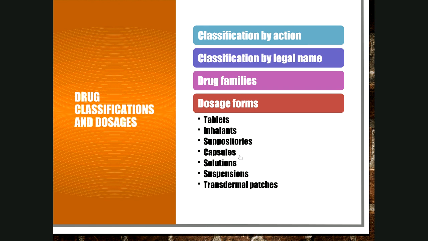A solution, when we think about a solution, typically this is where the drug is dissolved in a liquid carrier, and they're typically rapidly absorbed, and they can be given either orally or parenterally. And when we talk about parenteral administration, that is where it is typically an injection of the drug given with a needle and a syringe below the surface of the skin.